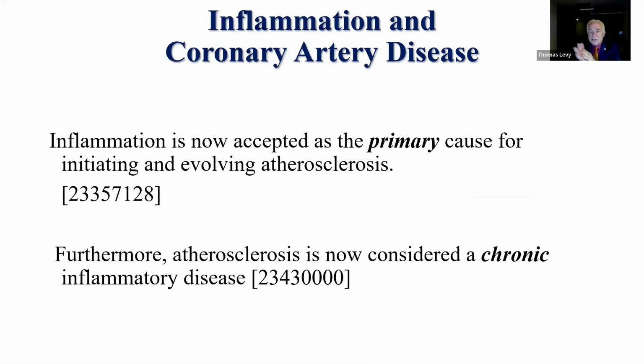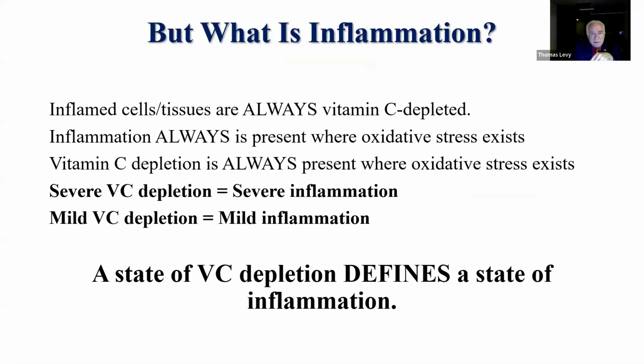Now, inflammation is now accepted as the primary cause of initiating and evolving atherosclerosis, and it is considered to be a chronic inflammatory disease. The problem is, especially my fellow cardiologists, do not seem to care or know or realize that inflammation always comes from something else.